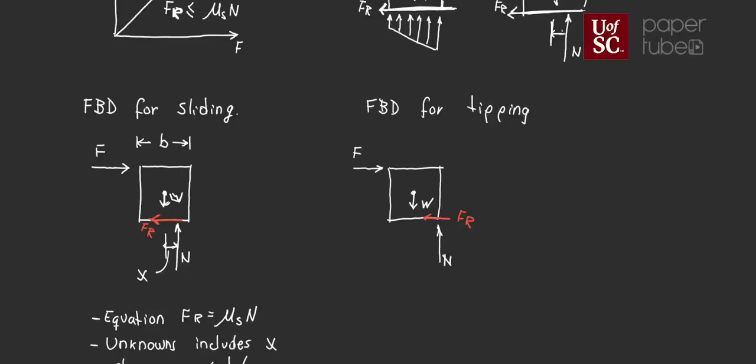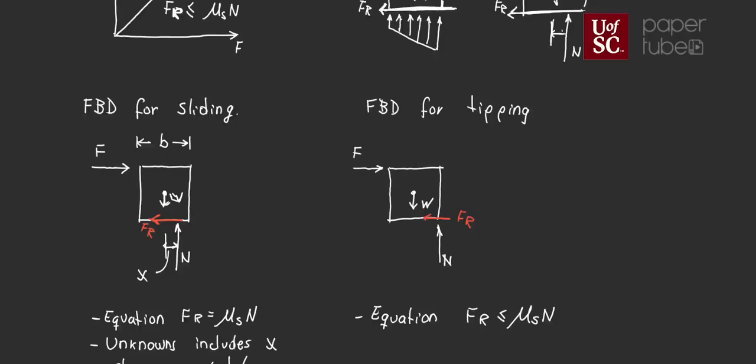Now, in this particular problem, what we're going to find out is that our equation for the friction force is going to be different, right? So the equation for the friction force is that the friction force is less than mu s times N. So we're not developing the full static friction force.